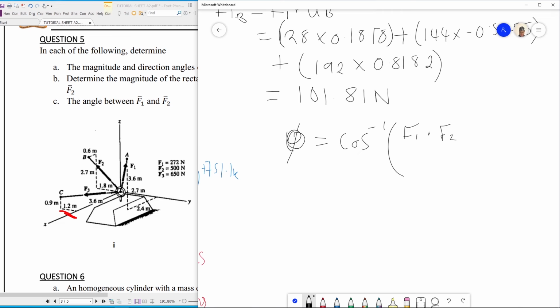But the magnitude of the unit vectors is 1, so I'll go with that.